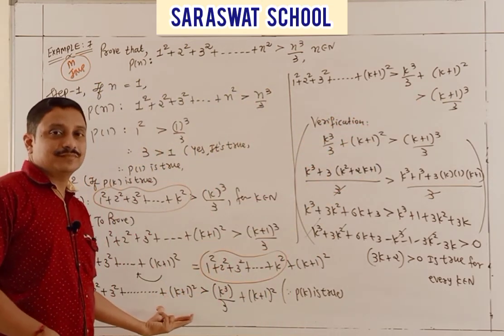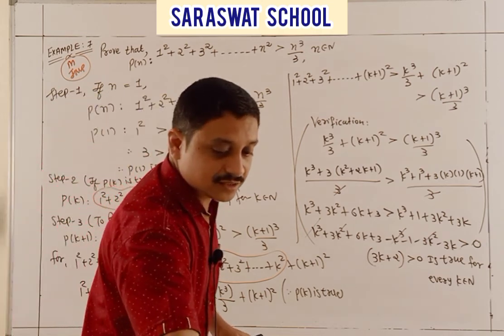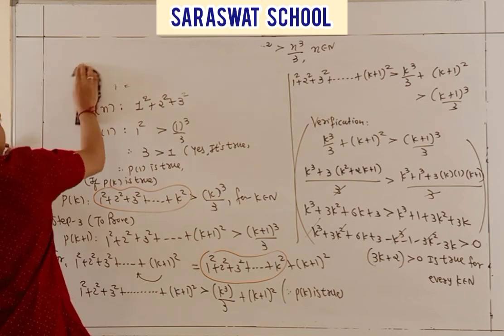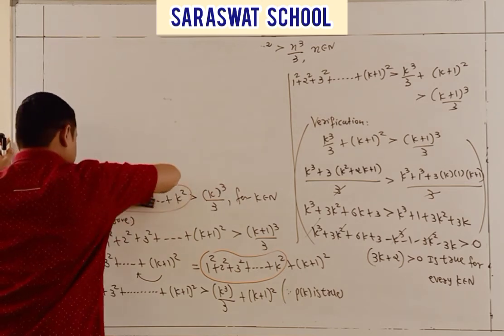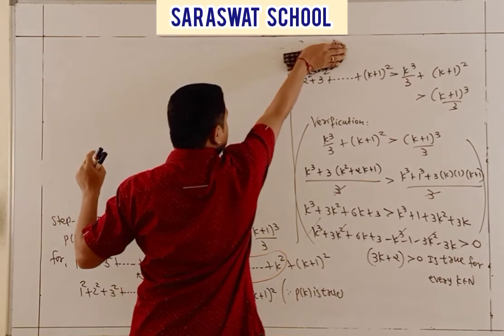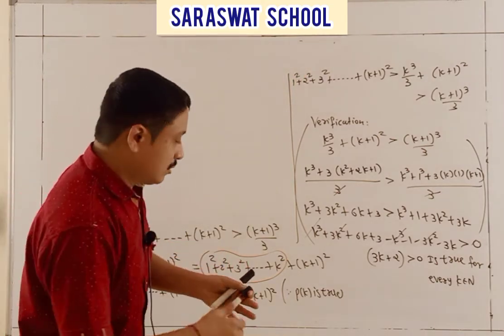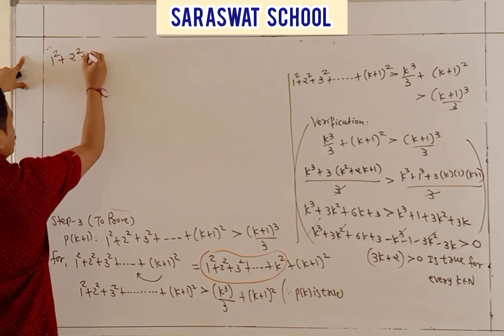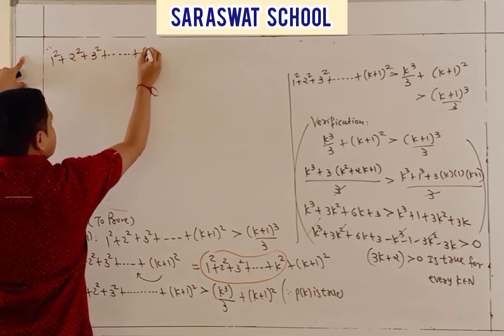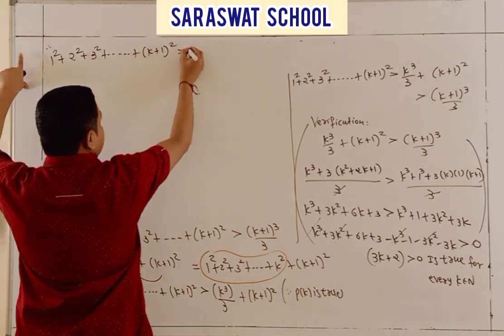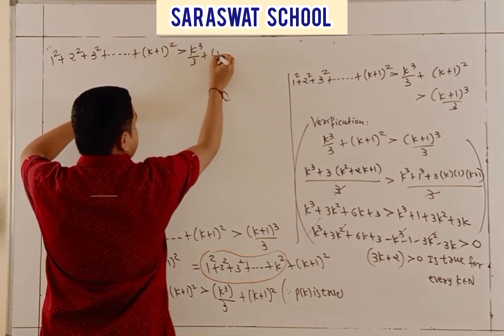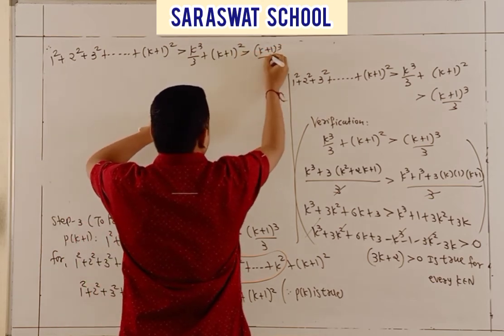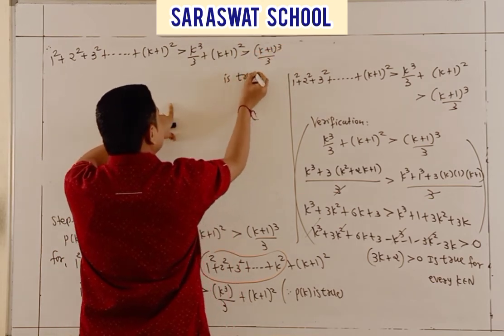So after that, lastly I show the steps. Fulfilling your verification condition, you necessarily show that 1 square plus 2 square plus 3 square up to k plus 1 whole square is greater than k cube by 3, which is greater than k plus 1 cube by 3, is true.